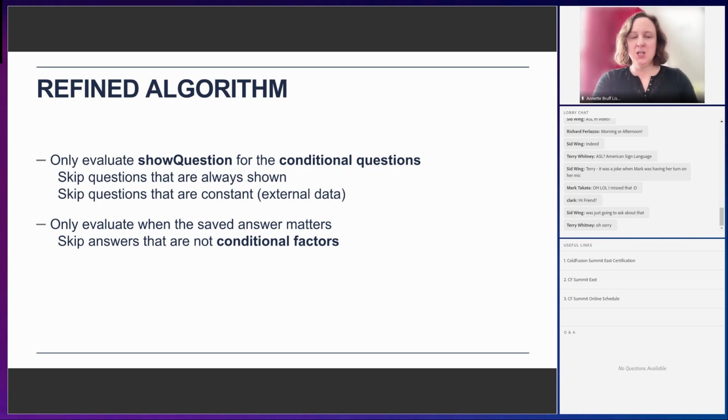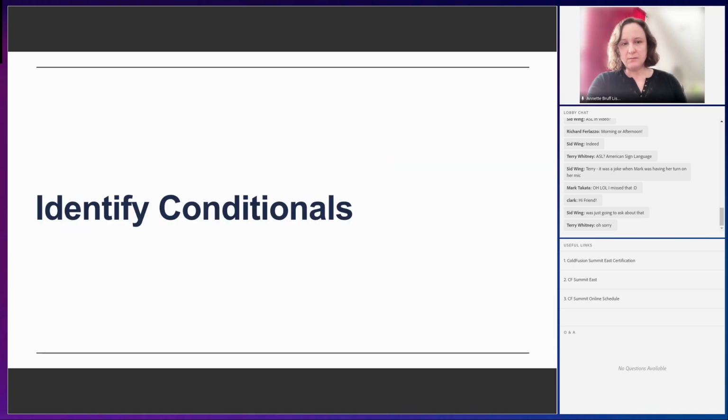So that show question Boolean that I've been speaking of, the one that defines whether the question is shown for any given form entity, you may have it be always required. You may have it be conditionally required, but you only have to look at it if it is a dependent question. So let me jump ahead a little bit.